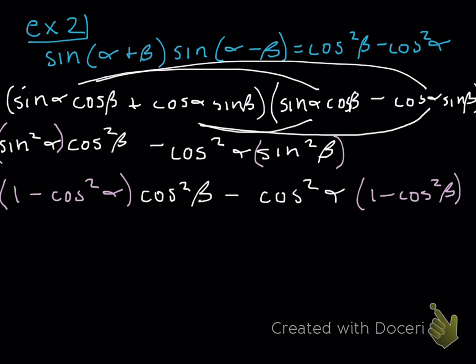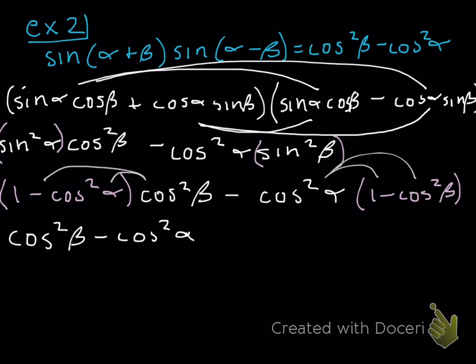And now I have to do some distributing here to clean it up. So I can distribute that one in, and I'll distribute this one in. So 1 times cosine squared beta will be cosine squared beta. Then I'll have minus cosine squared alpha cosine squared beta. Then I distribute my right hand one. So cosine squared alpha times 1 will be cosine squared alpha. And then a negative times a negative is a positive.